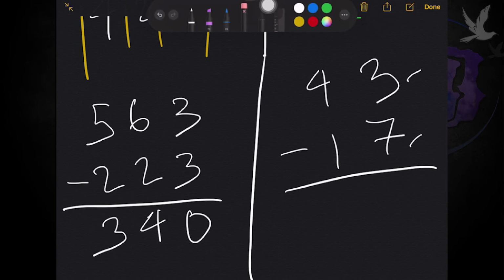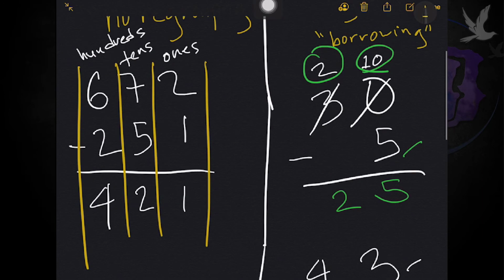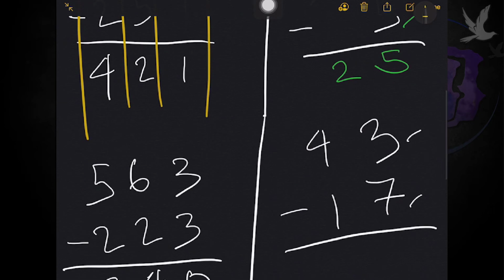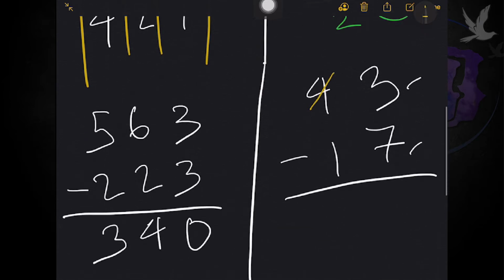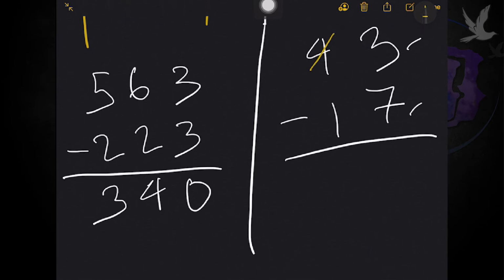Okay, so what happens now is that this 3 will borrow from the next number, like what we did earlier. And how many do you need to borrow? It's always 1. Okay, we're going to borrow 1 from that number, which in this case is 4. If you remove 1 from 4, what is left?